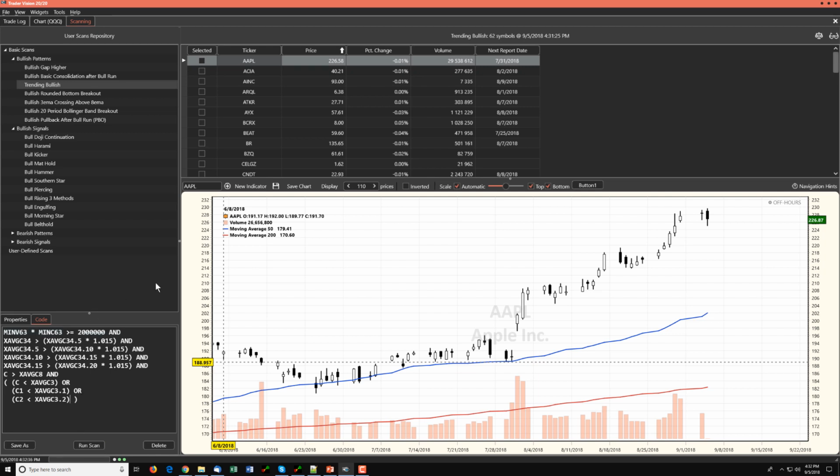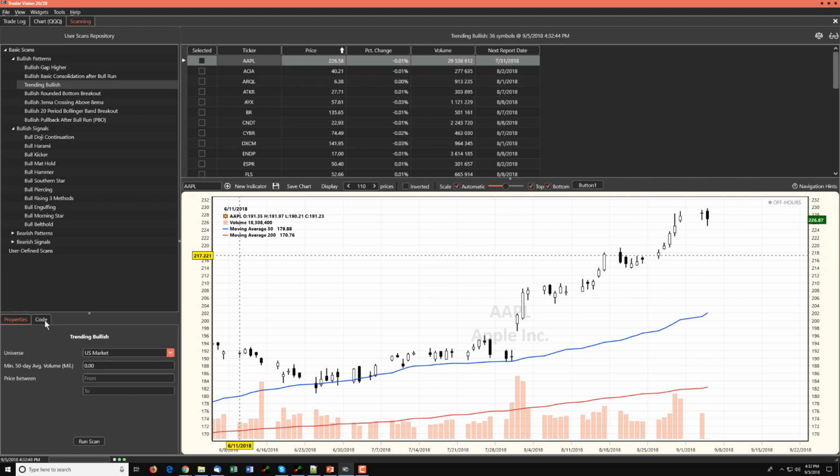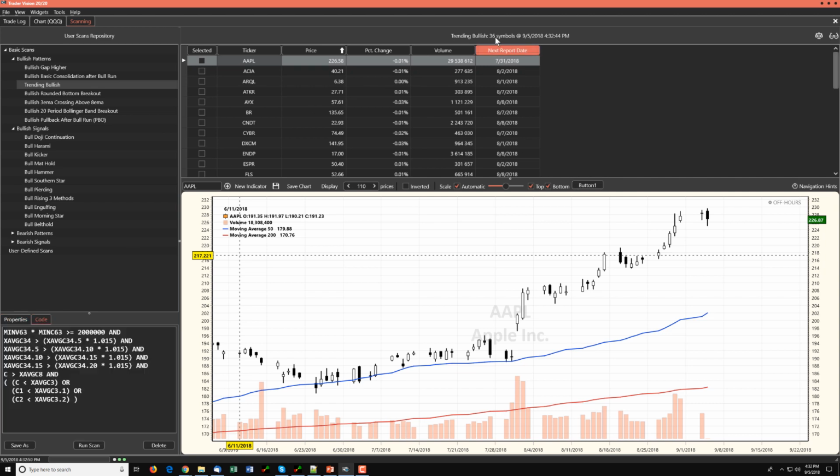So if I take those 62 symbols and rerun this with this new criterion, my liquidity filter, it now says there's only 36 stocks in the US market that match both my liquidity filter and the terms of that 3/8 trap.